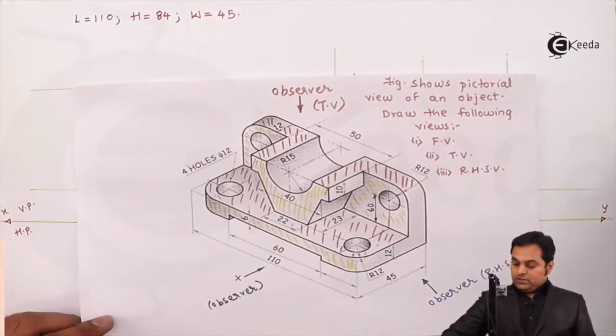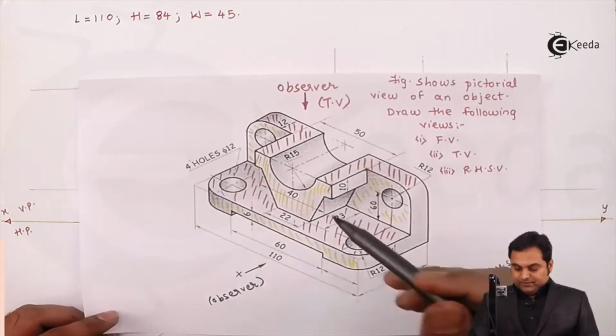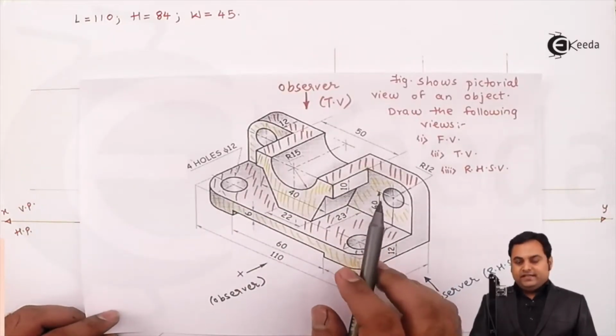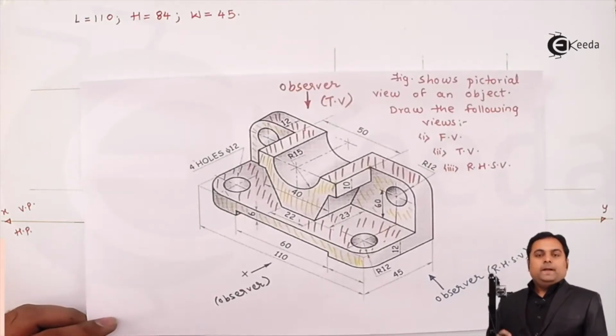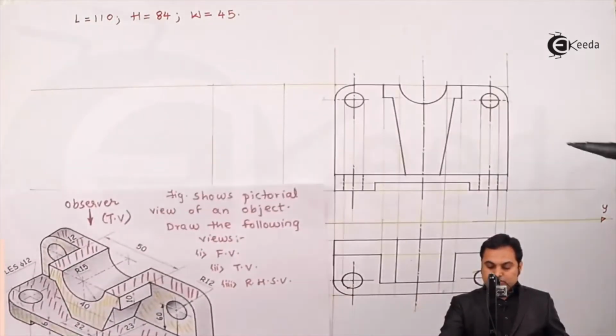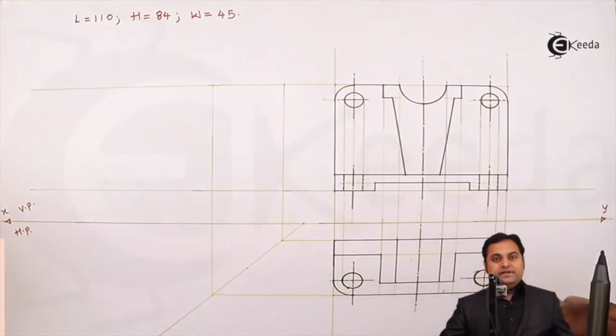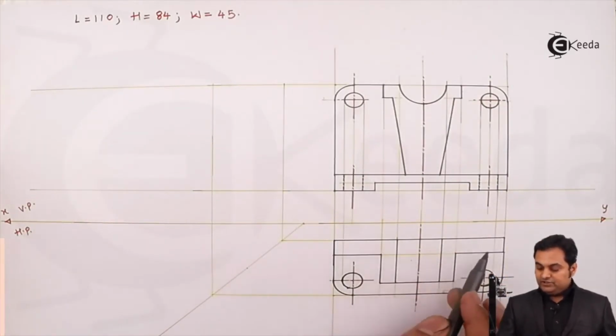Next, at the same time, these two holes which are there in this vertical plate are not visible from the top, but they will be hidden. So these are the two holes which will be hidden in the top view inside these two plates.